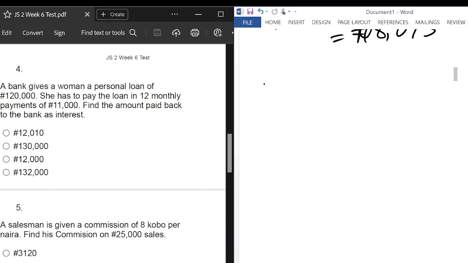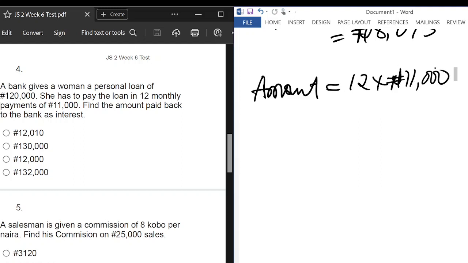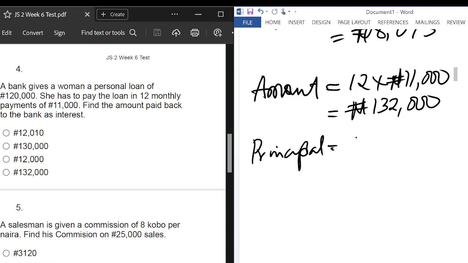That means the amount paid will be equal to 12 multiplied by 11,000 naira. That gives us 132,000 naira.